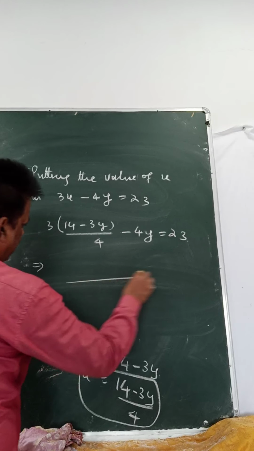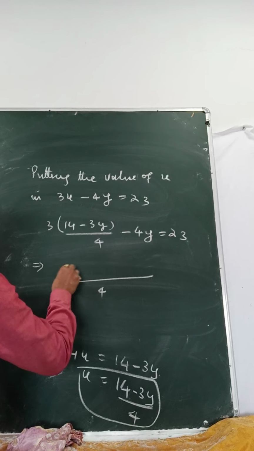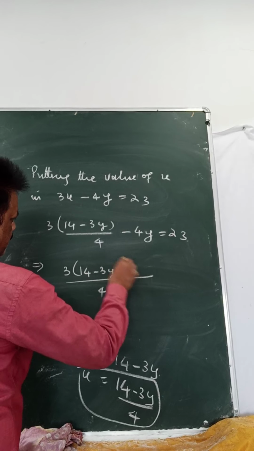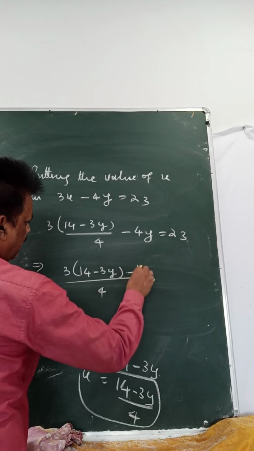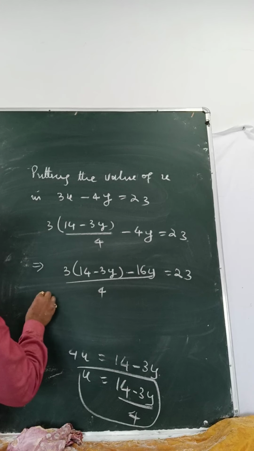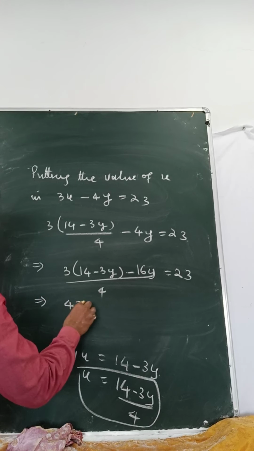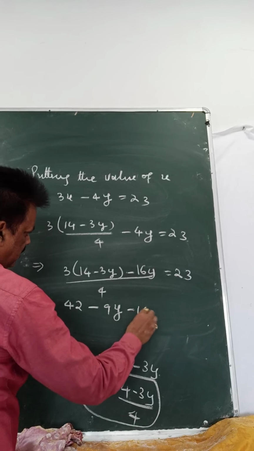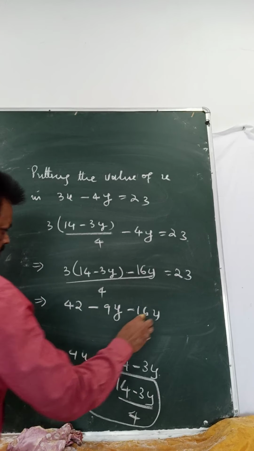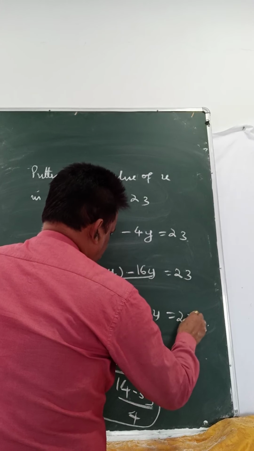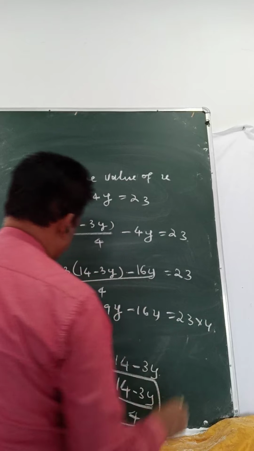So LCM is 4. 3 into (14 minus 3y) minus 4 times 4y, 16y, equals 23. 42 minus 9y minus 16y equals, this 4 will go here, 23 into 4.